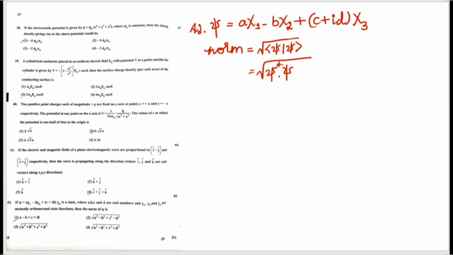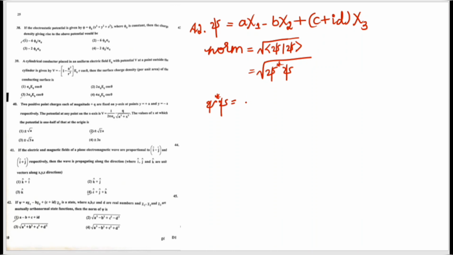Okay, let us solve this question. First, we will solve inside the square root bracket, then we will take the square root. Now, we will solve for the inner product, that is psi star psi. So what is psi star?